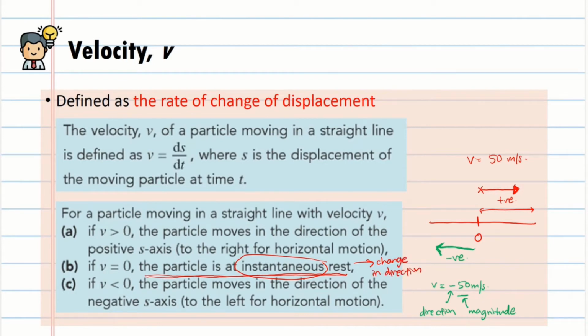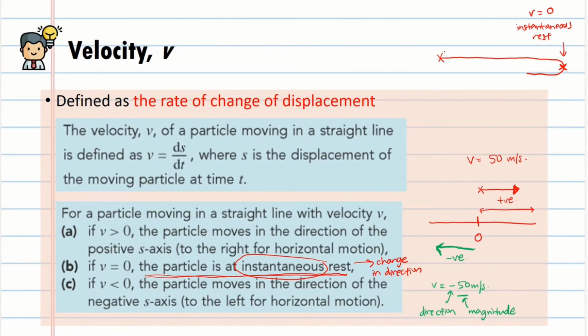So when a particle starts over here and travels in a straight line like this, when it wants to make a turn, at this particular point where it makes a turn, there is an instantaneous rest. And this would mean that v equals 0.